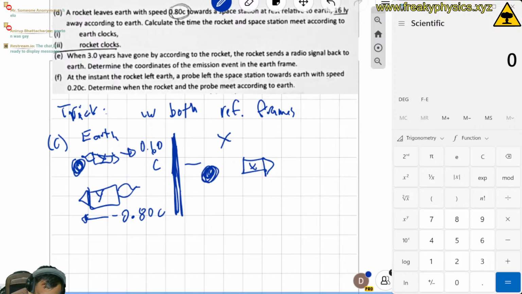The Earth is moving at negative 0.6 c. Rocket Y is also going to be moving in whatever direction, but we don't know its velocity. So this is going to be v prime.